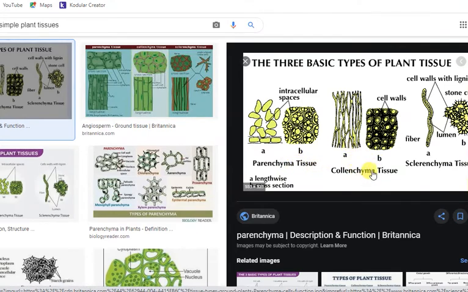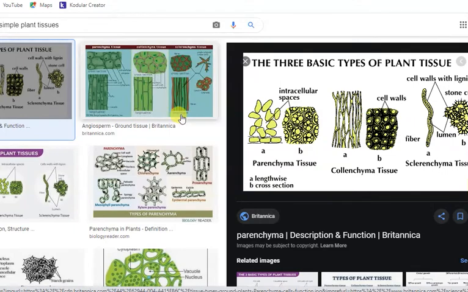Then we have collenchyma tissues, here in A and B. You can see the cells here are spherical-like, but here they are elongated, and as you can see, there are no intercellular air spaces. The wall is thickened. And then when we move to sclerenchyma tissue, the appearance is quite different from these other tissues.